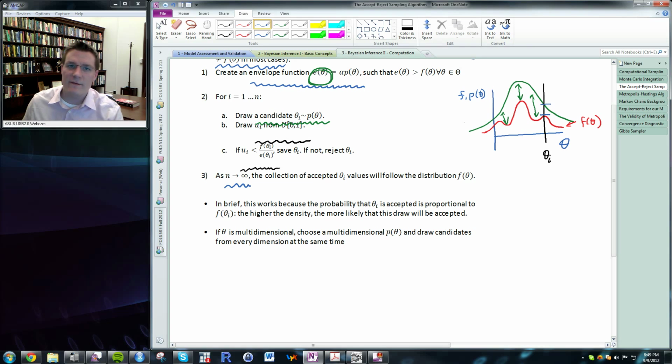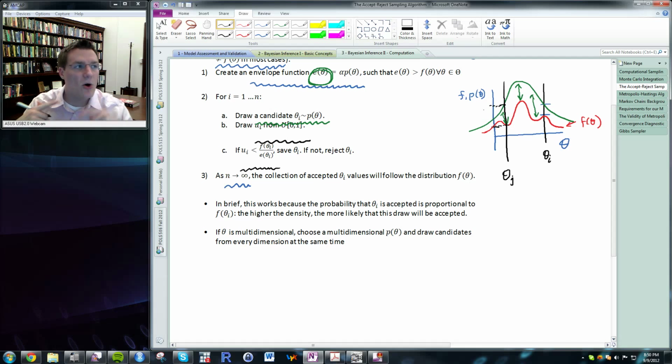If I were to have proposed another candidate, say this one right here, now this is theta j, another candidate. Now I've got a fairly low presence of that in my density function, and I'm actually fairly likely to propose that, and so I'm going to reject that much more often.